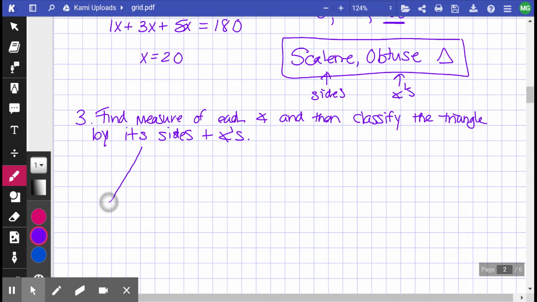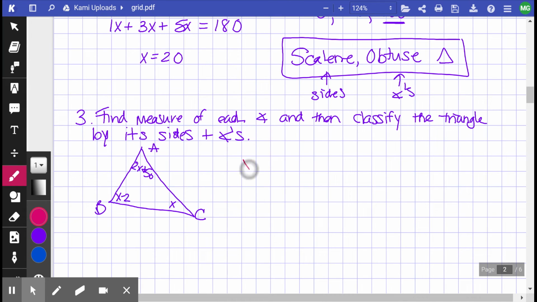And I'm going to give you a picture for this one. So this one over here is x minus 2. Here is 2x plus 50, and these represent the angles, and this one is x. So pause the video here, find x, then find the measure of each angle, and classify the triangle.